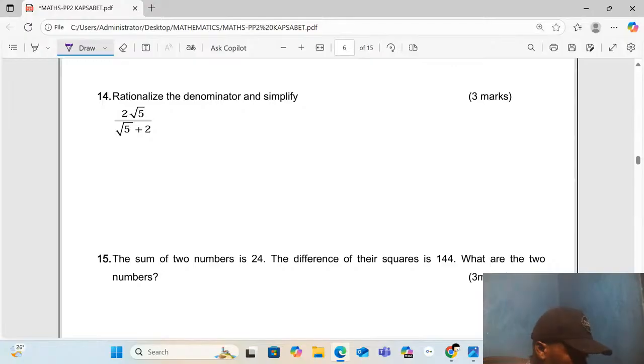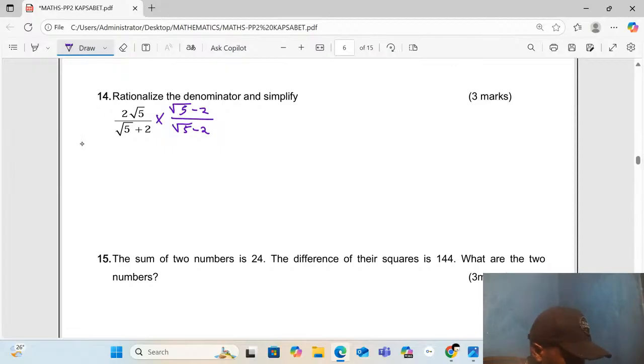So we said you simply multiply by the conjugate of the denominator, that is, you simply change the sign. So you shall have root 5 minus 2 over root 5 minus 2.